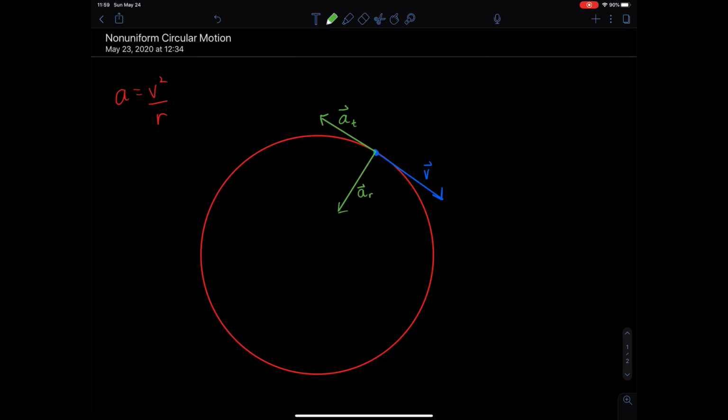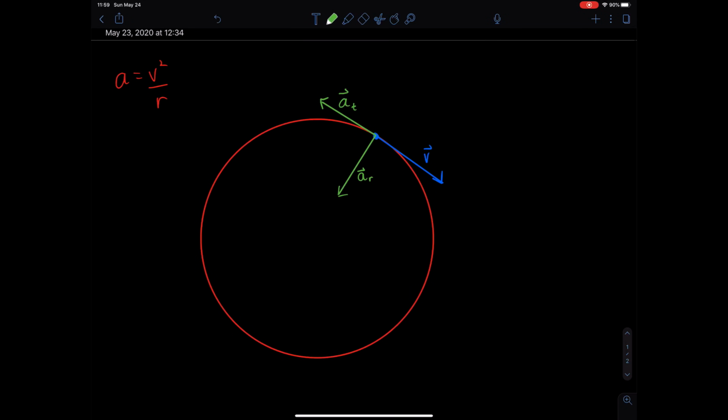And so for non-uniform circular motion, we can write our full acceleration vector like this. The acceleration vector is the sum of the tangential component vector and the radial component vector. So it's these two components.